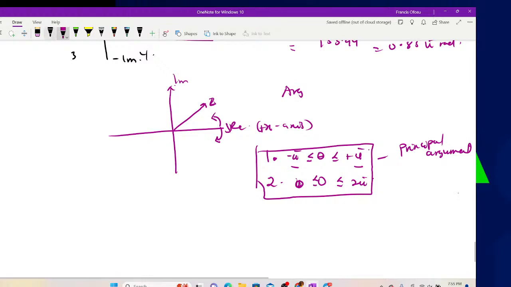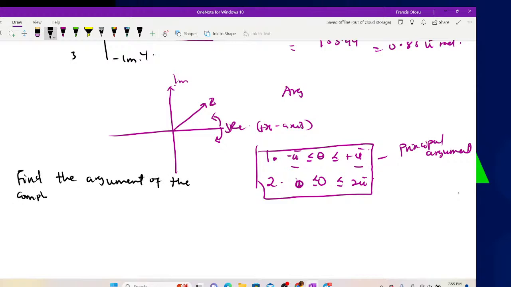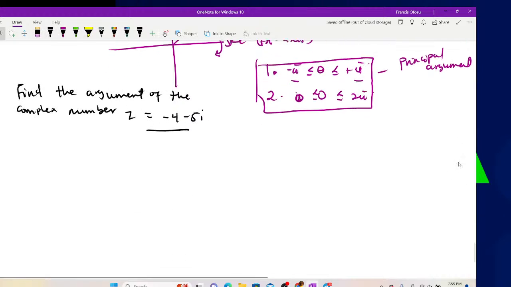Let me give an example here. Find the argument of the complex number z, which is equal to negative 4 minus 5i. So let's look at this interesting problem. I'm having on my complex plane negative 4 at this side and negative 5 at this side.